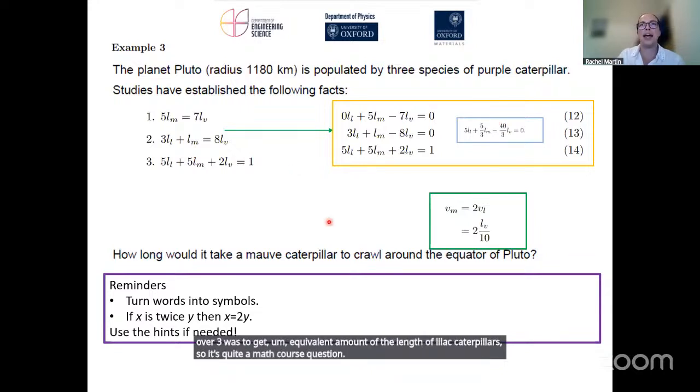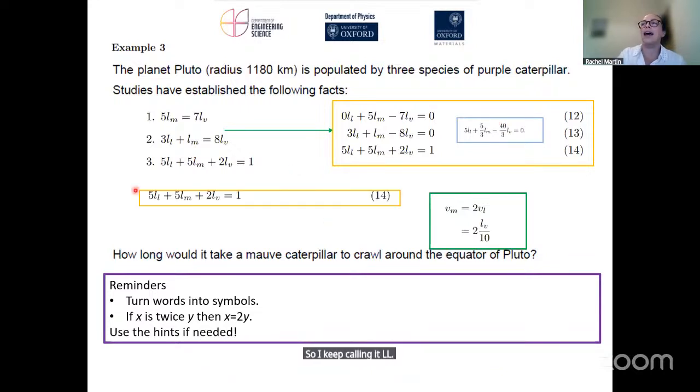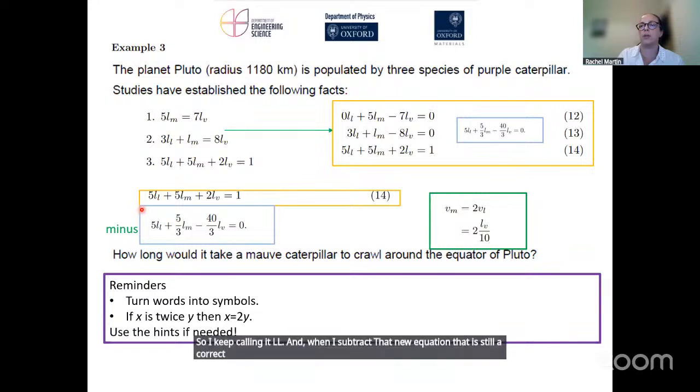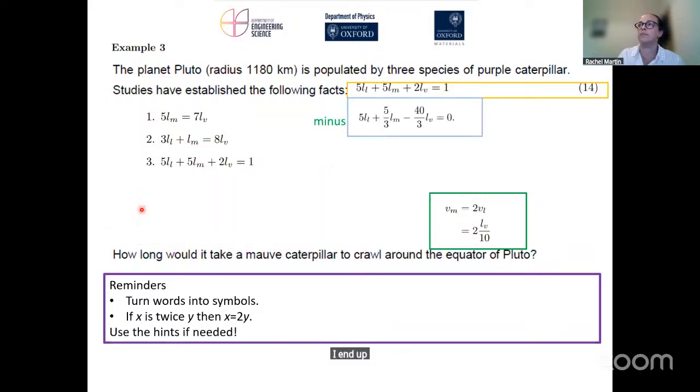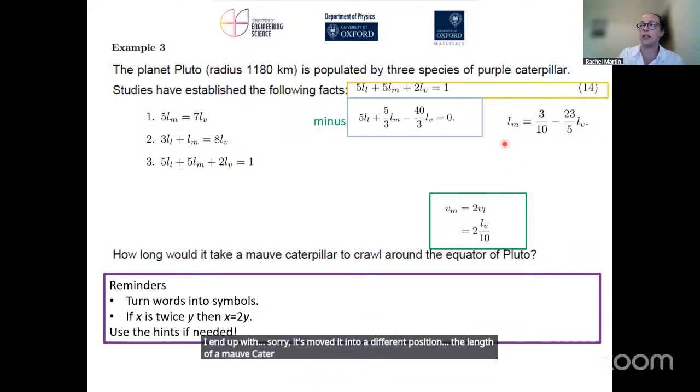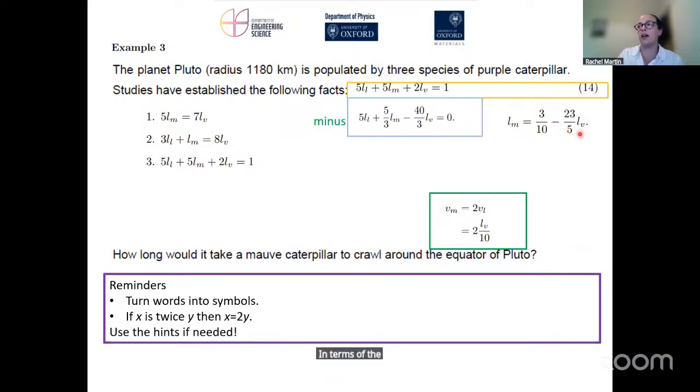So I keep calling it LL. And when I subtract that new equation, that is still a correct relationship, I end up with the length of a mauve caterpillar in terms of the length of a violet caterpillar.